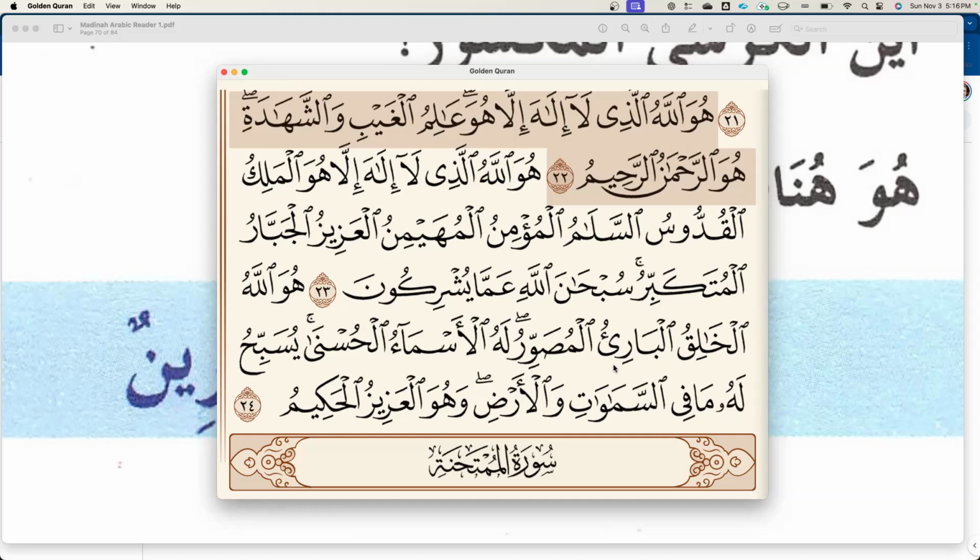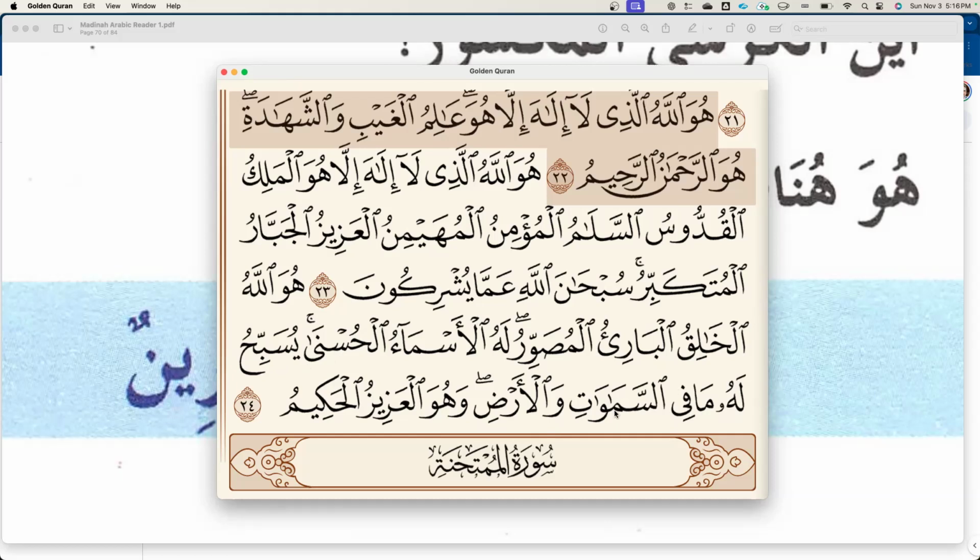Al-Musawwir, the designer, the grand designer. Al-Khaliq al-Bari al-Musawwir. Lahu, to Him belong al-Asma al-Husna, the most perfect names, the most beautiful names. يسبح له ما في السماوات والأرض.